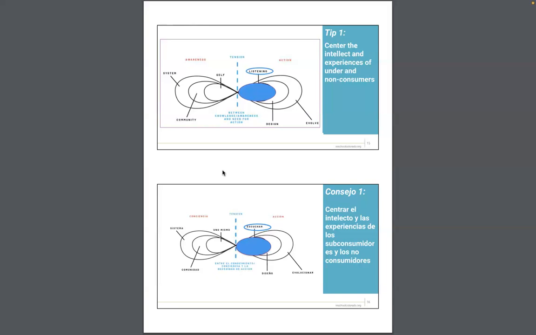And so that's our first tip in engaging in Design Lab, is that you figure out who are the under and non-consumers in your sphere, in the work that you're doing, and let's center their intellect and experiences, or your intellect and experiences, if that's you.